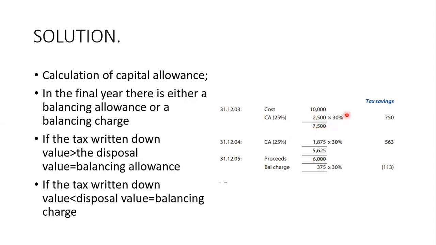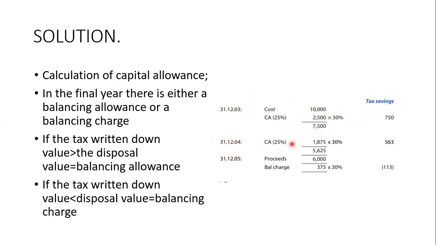Now the tax savings you'd make on this is the corporate tax of 30% times the capital allowance of 2,500, and that gives you 750 for 31st December 2003.